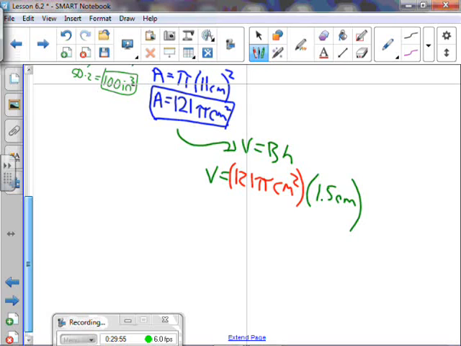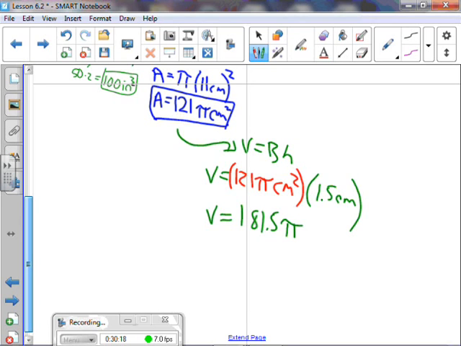Okay, so 1.5 times 121 is, well, I'm going to cheat and use a calculator. You can do this with long multiplication, but 121 times 1.5 gives me a volume equal to 181.5. Don't forget pi, because we haven't multiplied pi yet.